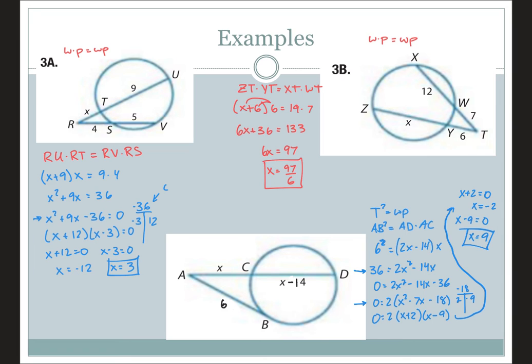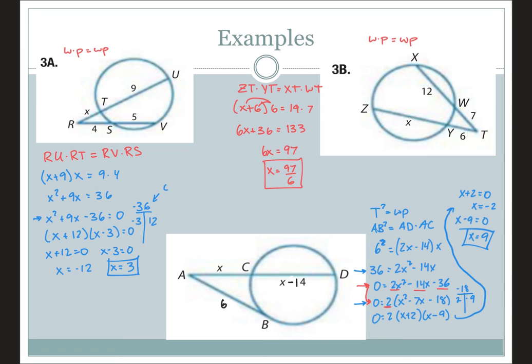So all three of these terms, we're going to back up a step to this step right here. All three of these terms, 2x squared, negative 14, and negative 36, they're all divisible by 2. And so when we go to the next step, I can pull out that GCF and leave it up front. Okay? And then I have x squared minus 7x minus 18, and I can factor that equation.